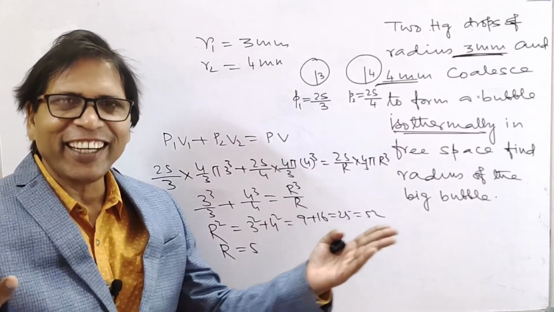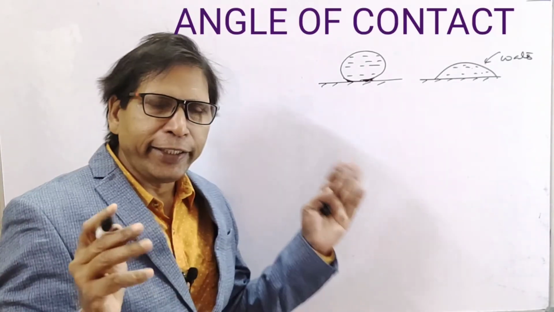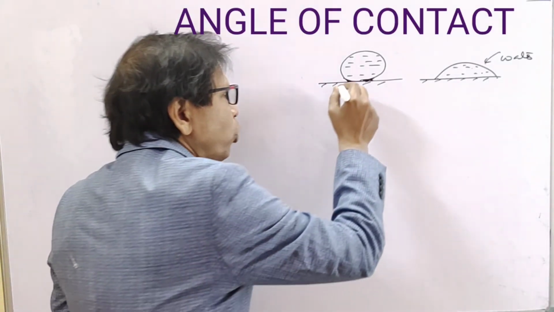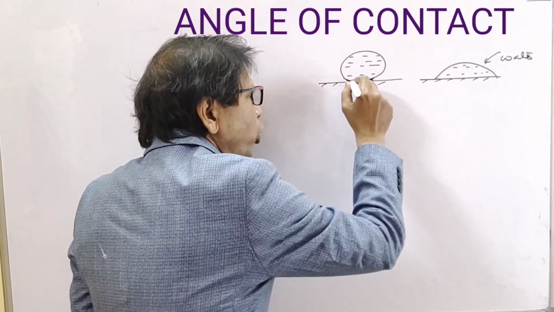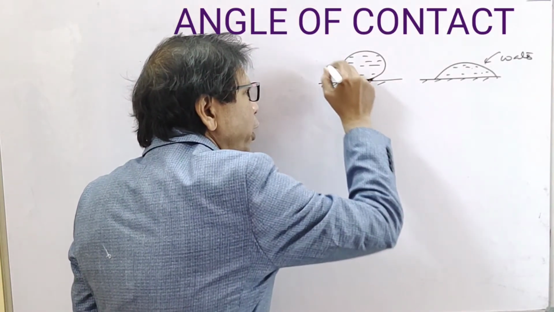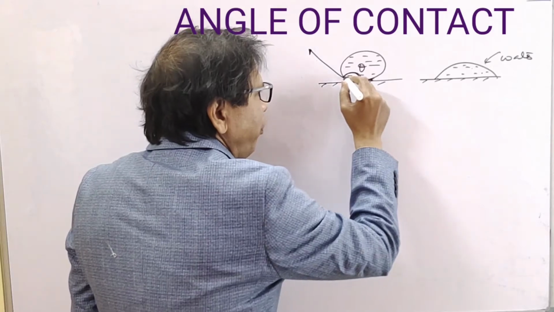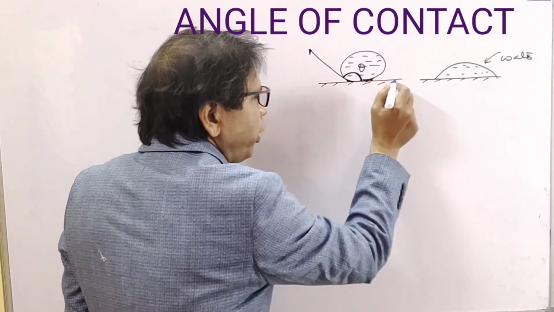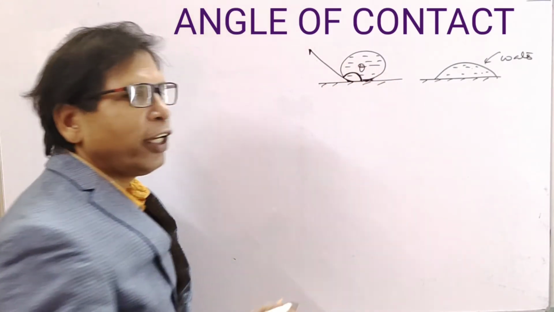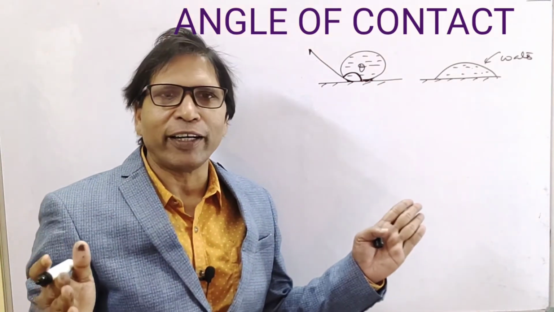Okay, understood? Next, if a tangent is drawn on the liquid surface from the point of contact of solid and liquid, then the angle made by the tangent with the solid surface inside the liquid is called the angle of contact.